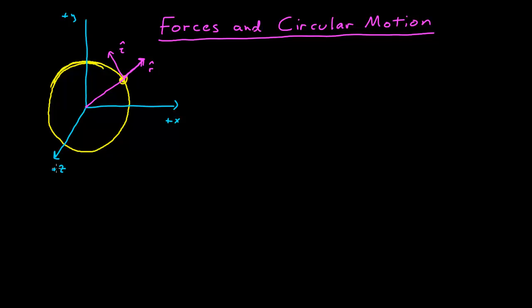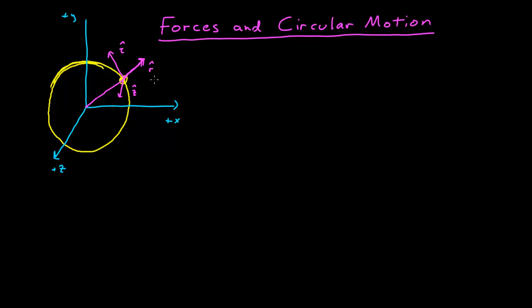If you stick out your thumb, then your thumb points in the positive z direction, which in this case is out of the screen. So I have a z-axis out of the screen, which is perpendicular to the plane of rotation for my radial axis and tangential axis as well.